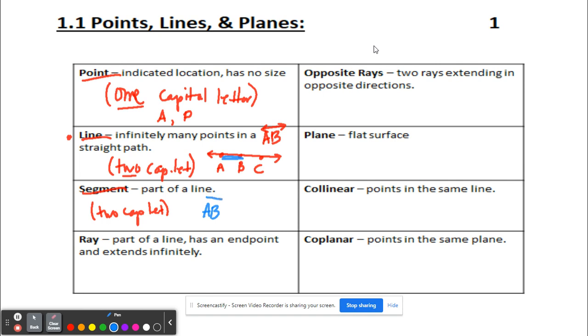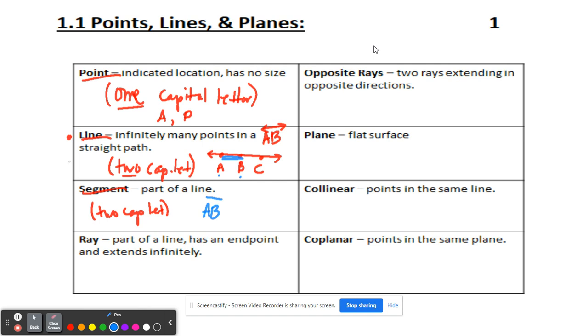So I still name it the section, like here's Fayetteville, here's Springdale. So from Fayetteville to Springdale, that direction right there. But I don't put arrows on it. I just put a segment, which means I'm saying I'm just talking about just this blue part right here, not the whole thing.